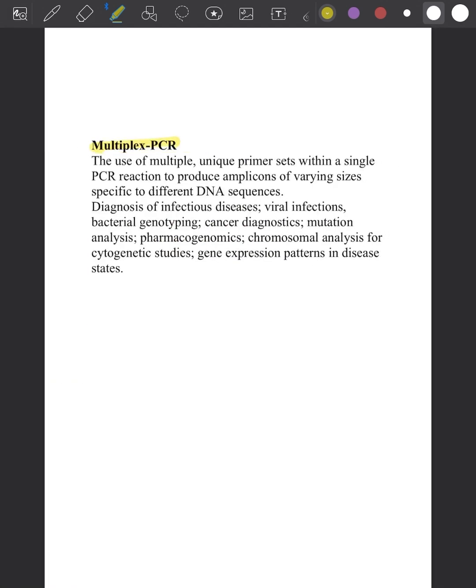Next is multiplex PCR, which uses multiple unique primer sets within a single PCR reaction to produce amplicons of different sizes specific to different DNA sequences. This is used in the diagnosis of infectious diseases such as viral infections, cancer diagnosis, mutation analysis, pharmacogenomics, chromosomal analysis for cytogenetic studies, bacterial genotyping, and gene expression patterns in disease states.